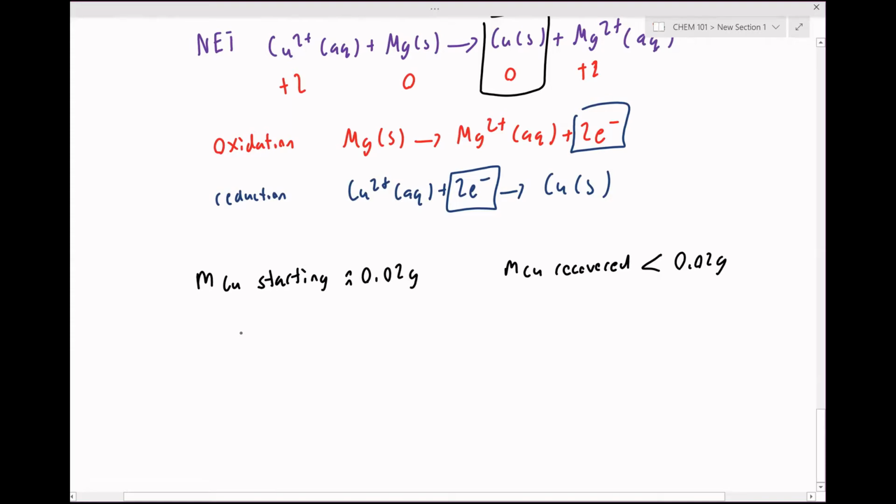We can calculate our percent recovery in this case by taking the mass of copper recovered over the mass of copper that you start out with times 100%.